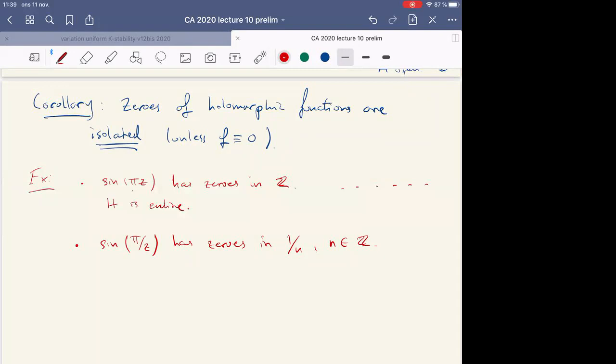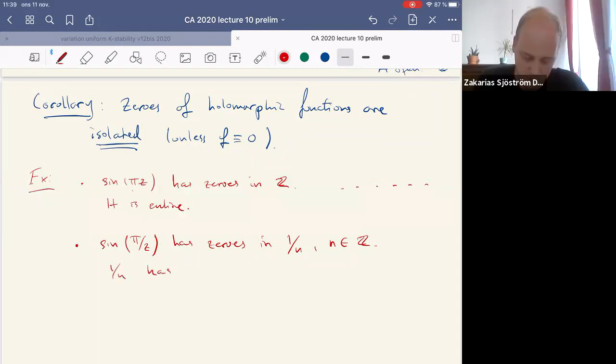It has an essential singularity at 0. Yes, so 1 over n has an accumulation point. And very good, you already know about essential singularities. So there is an accumulation point at 0. So in particular, it is not entire.